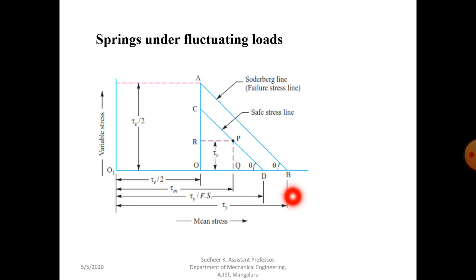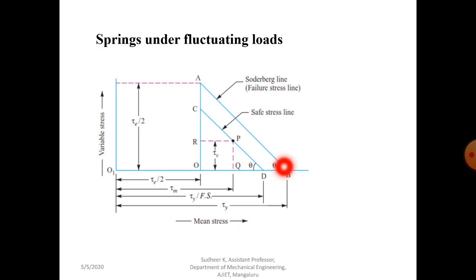Similarly, point B on the abscissa indicates the failure point under static condition when the mean stress reaches the torsional yield strength, denoted by tau y. Therefore the line AB we consider as the line of failure. To consider the effect of factor of safety, we have to construct one more line.